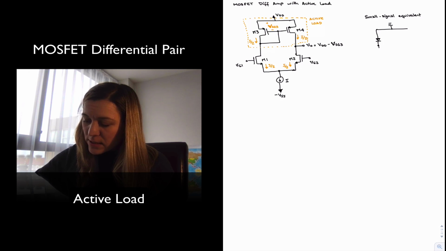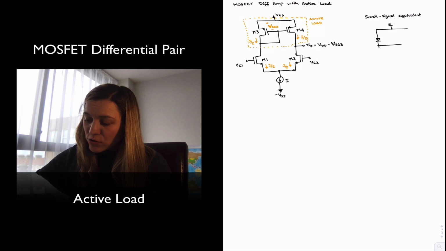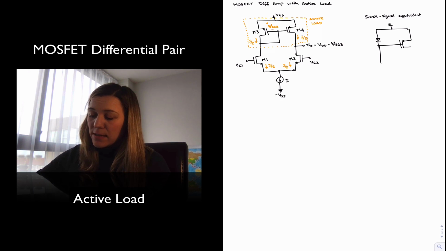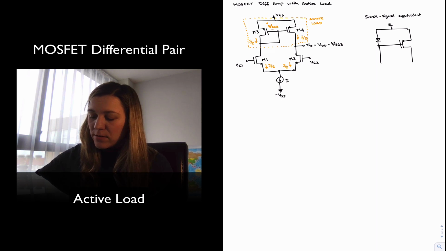Notice the drain of M3 is connected to the gate, and it's also connected to the other transistor. So this is how you may see the connection, and this is exactly the same thing. This is an active load, electrically equivalent to the previous case.